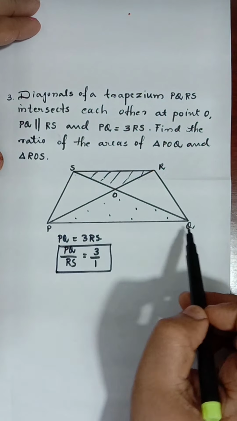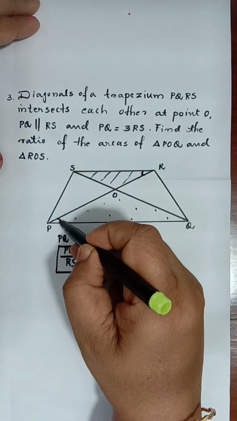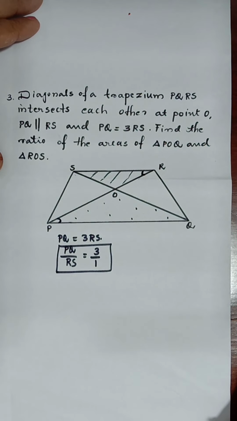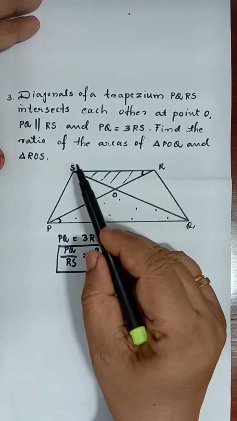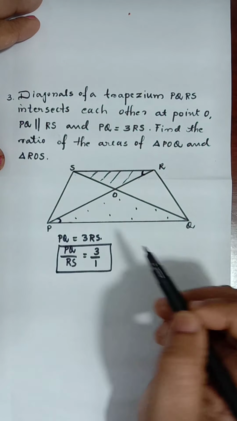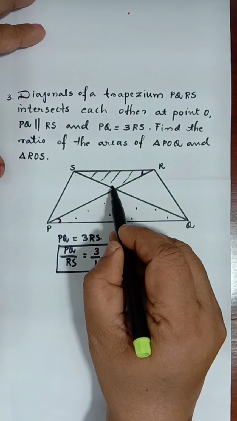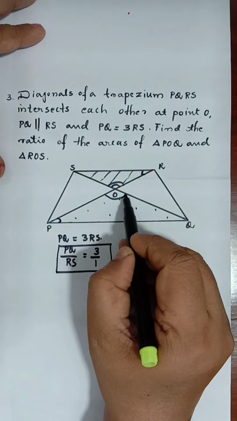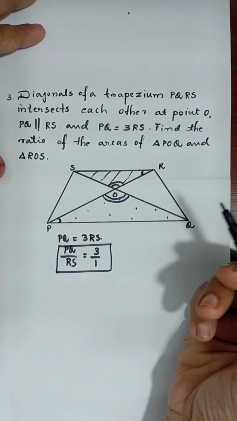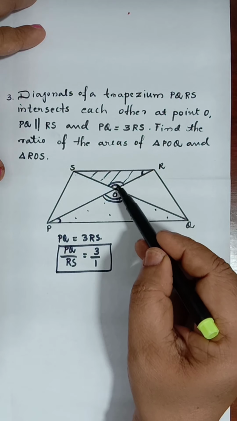Here we have PQ parallel to RS. Therefore, these alternate interior angles are equal, that is angle SRO and angle QPO. Similarly, these vertically opposite angles are equal. Therefore, we can say that these two triangles are similar by AA similarity.